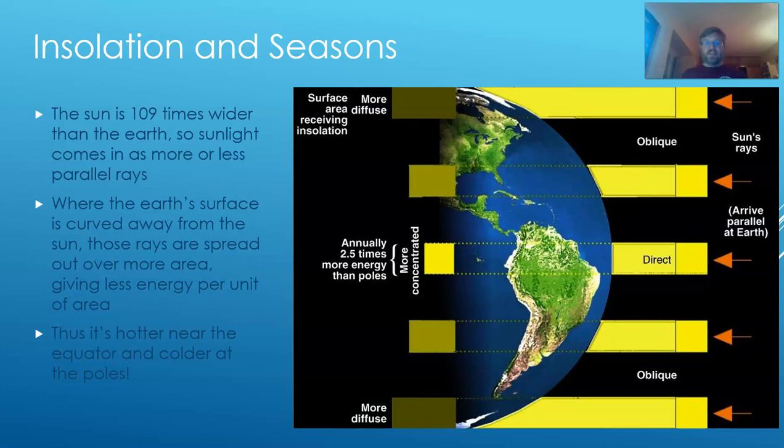So as that energy is coming from the sun to the Earth, for all practical purposes, we can imagine the rays of energy coming in essentially parallel to each other, because the sun is about 109 times wider than the Earth. The sun is just massive.